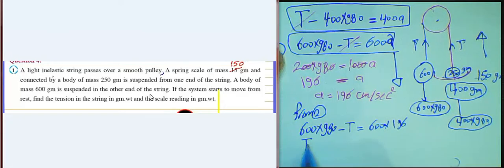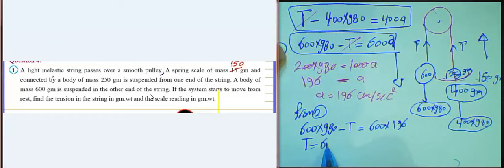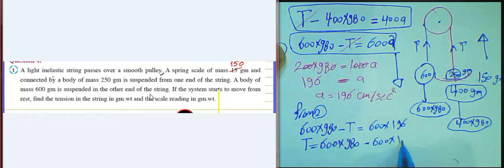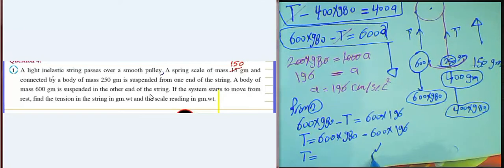We can move T here to the right hand side, and 600 multiply 980 subtract 600 multiplied by 196. So we can write the tension here. The result will be in dyne.